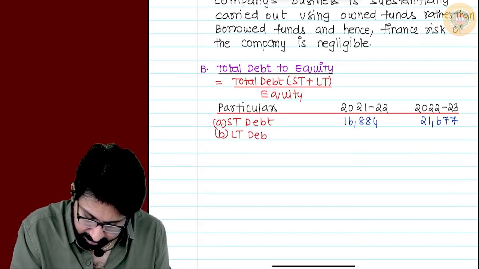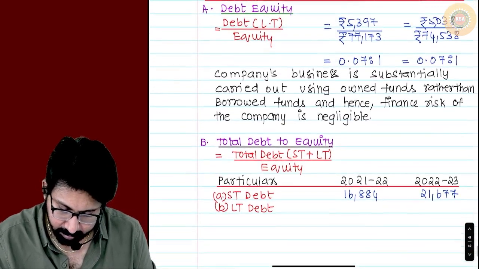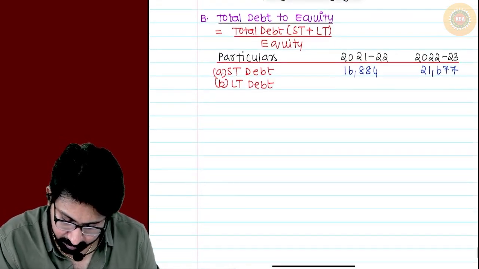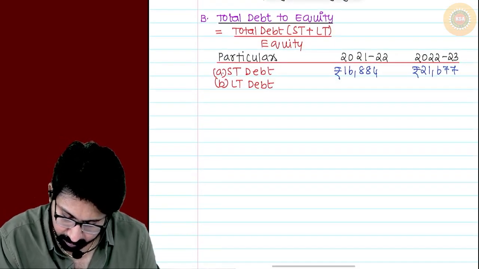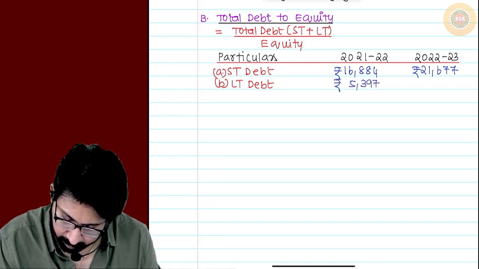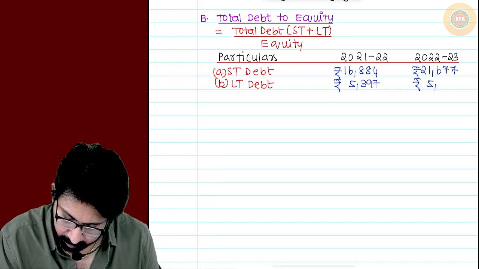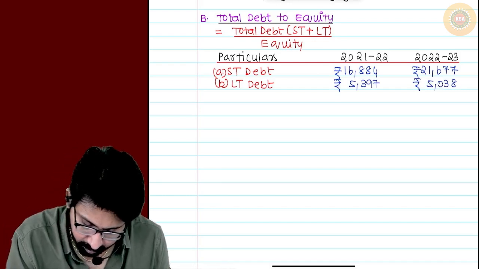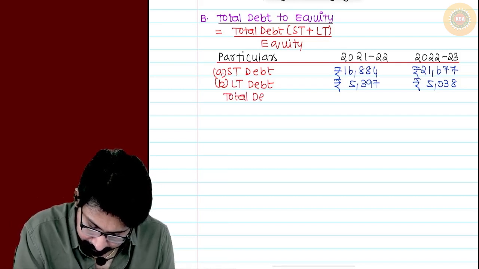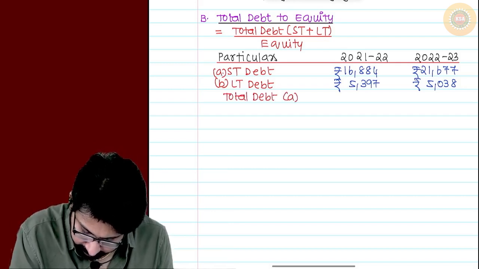Long-term debt just now you have calculated. 5397, 5038. Total debt.